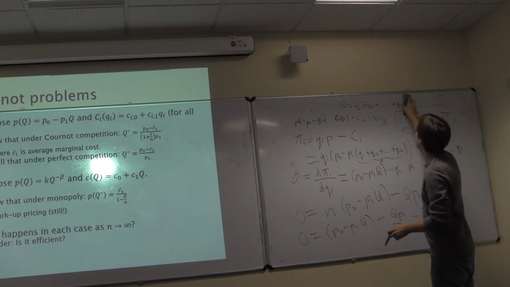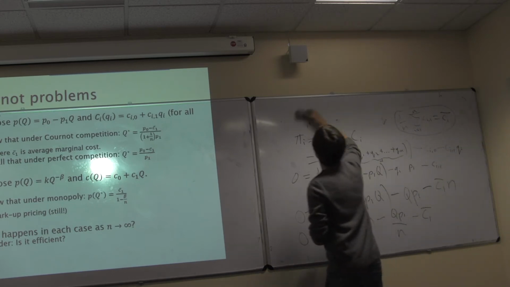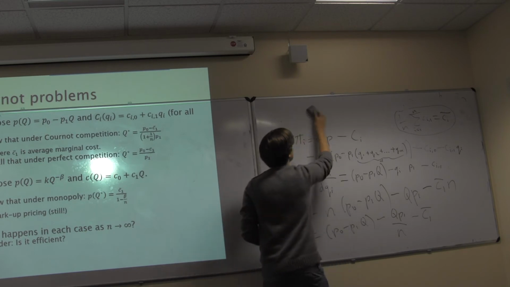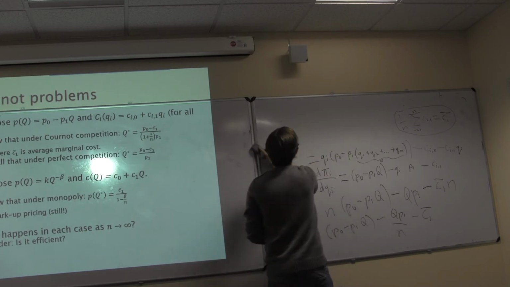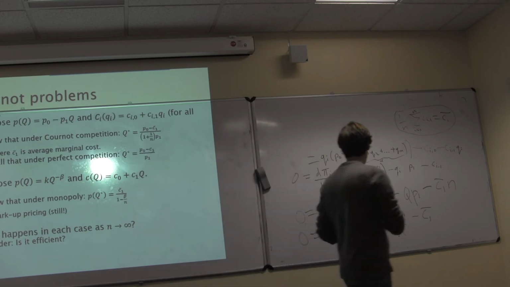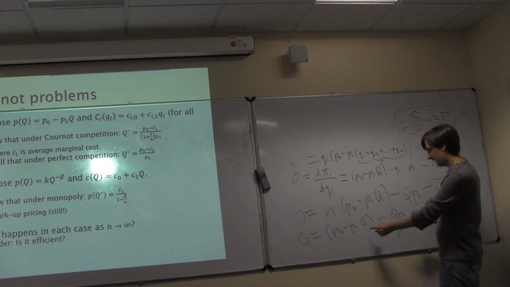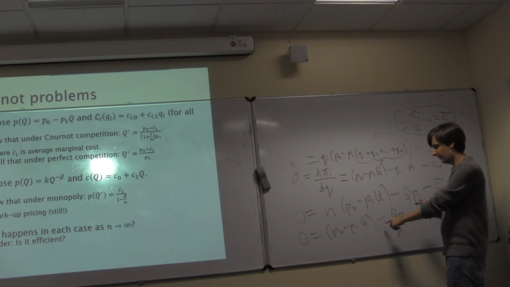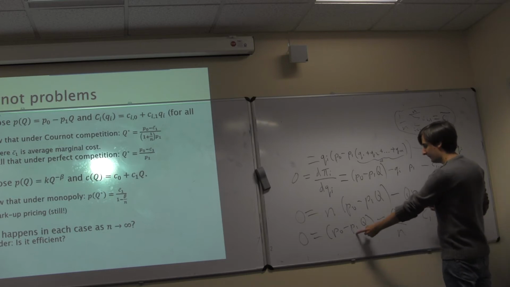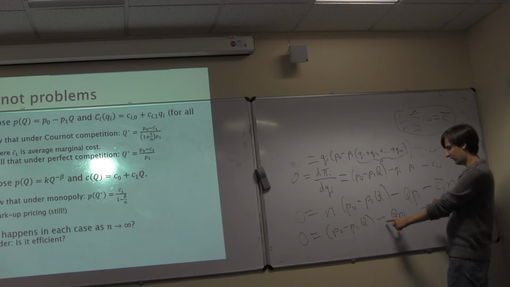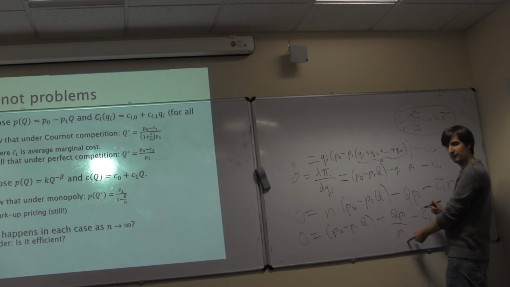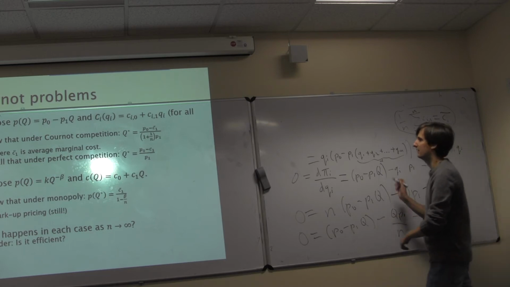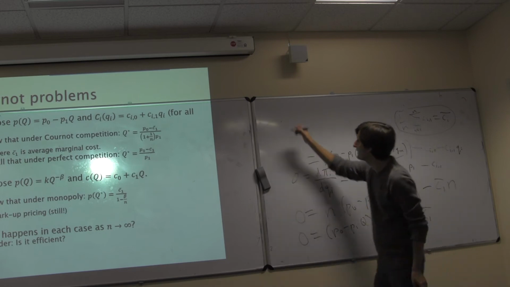Let me clear some space at the top of the board. Okay, so where does big Q appear? Well, it appears here, and it appears here. So here we've got a minus P1 in front of it. Here we've got a minus P1 over n in front of it. So let's take big Q over to the other side.